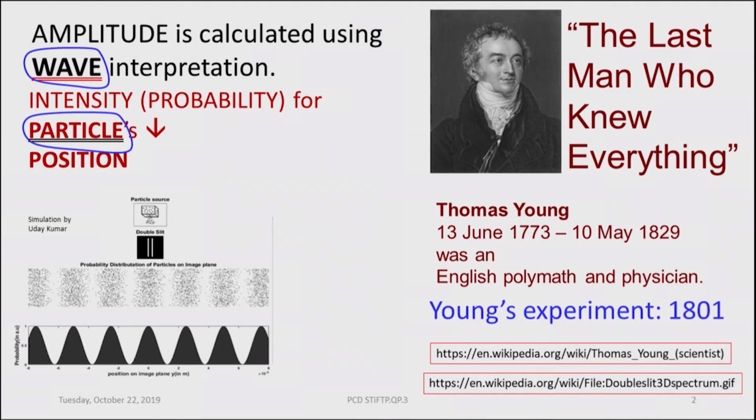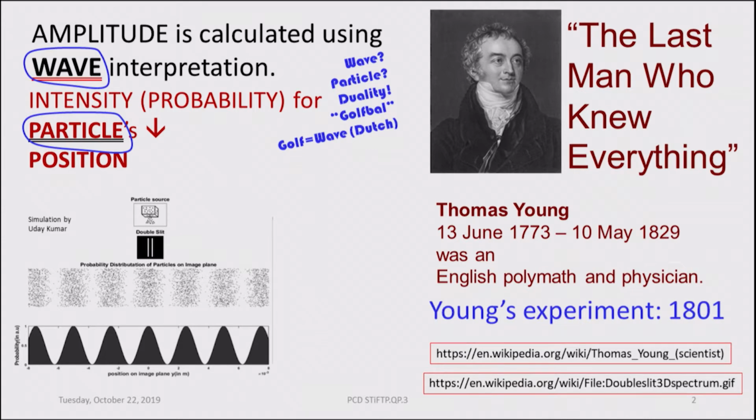So, what is interesting about this experiment is that you see the wave particle duality, and there is a lot of talk about is this a wave or is it a particle, and what is it.